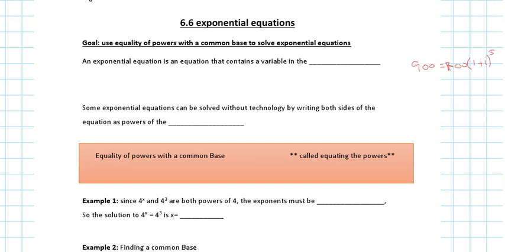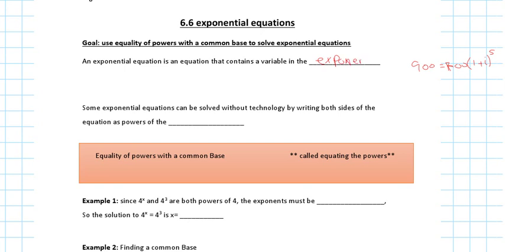So first, let's define an exponential equation. An exponential equation is an equation that contains a variable in the exponent. That's why it's called exponential.